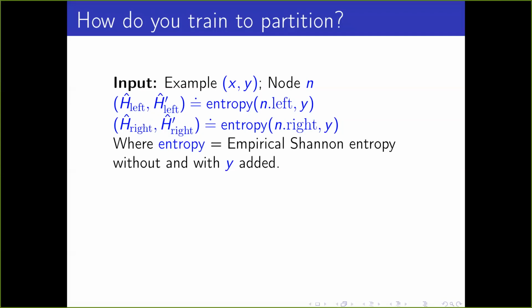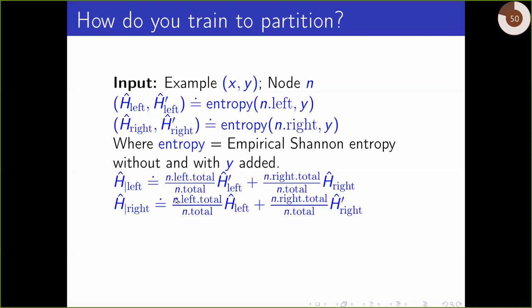For each of these, you can compute the Shannon entropy, and you can also compute the Shannon entropy with y added into that empirical distribution. So h hat left is the empirical Shannon entropy of the left subtree, and h prime hat left is the Shannon entropy of the left subtree with that new label added in. And similarly for the right.